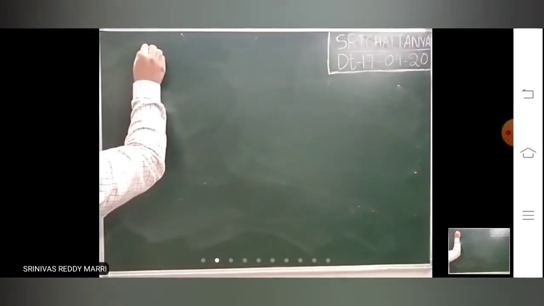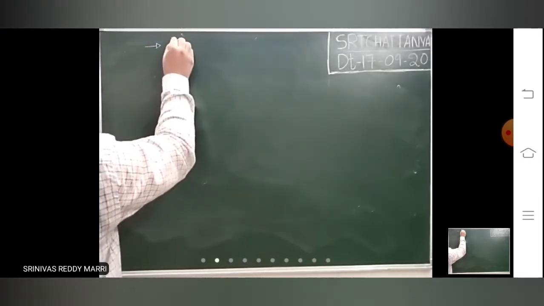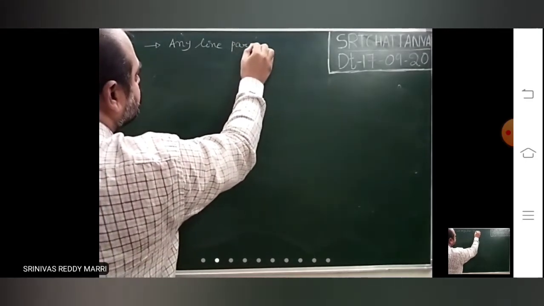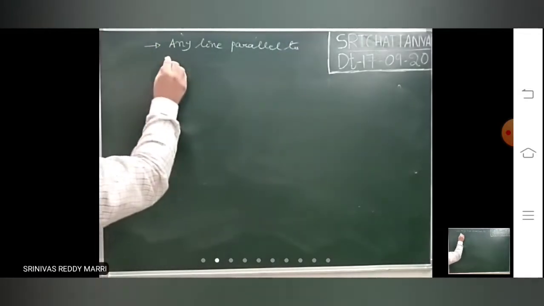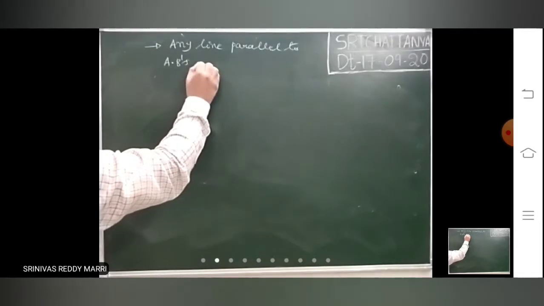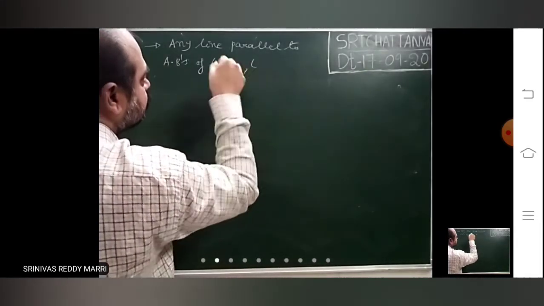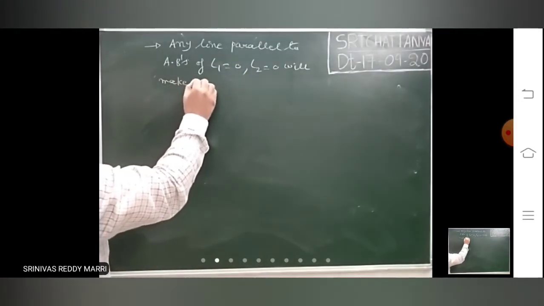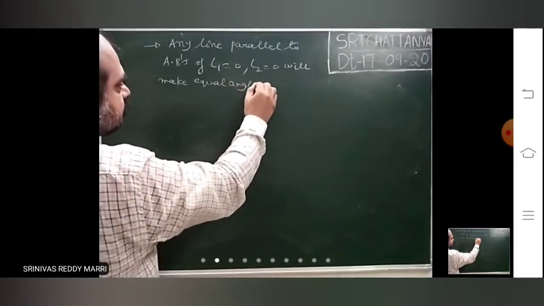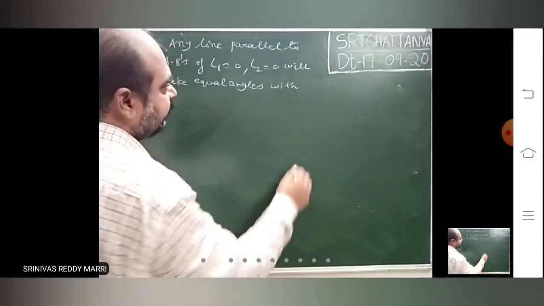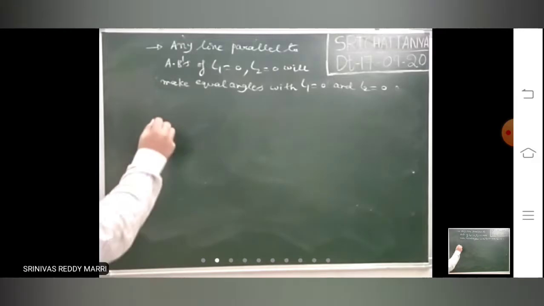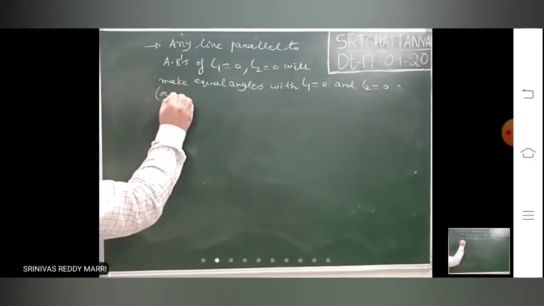Next, look at. Any line parallel to the angular bisectors of L1 equal to 0, L2 equal to 0 will make equal angles with L1 equal to 0 and L2 equal to 0, or it is said to be equally inclined.